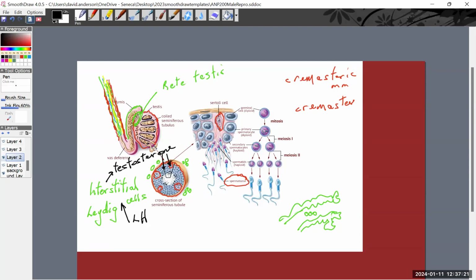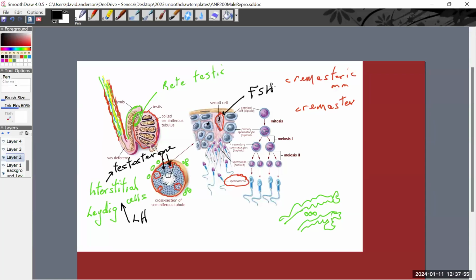So there would be receptors on the cells of the spermatogonia and receptors on the cells of the Sertoli cell as well for testosterone, receptors on the interstitial cells for luteinizing hormone, LH, and receptors on the Sertoli cell for FSH, the other gonadotropin.